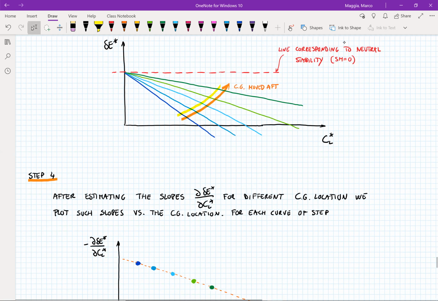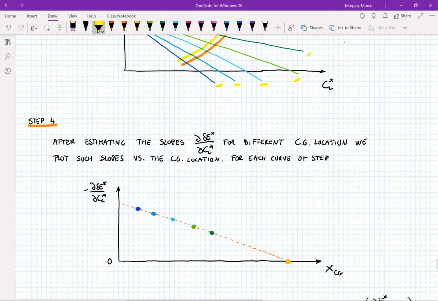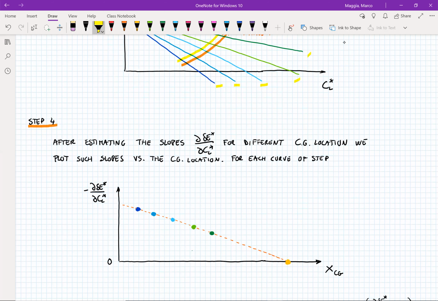Well, after estimating the slopes for different locations of the center of gravity, so the slopes for all these curves, we're going to record the slopes in this new plot as a function of the position of the center of gravity.